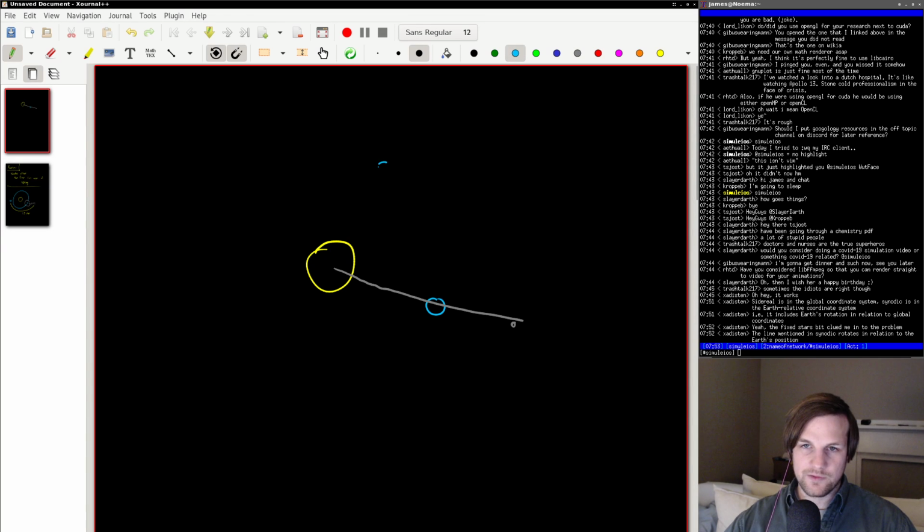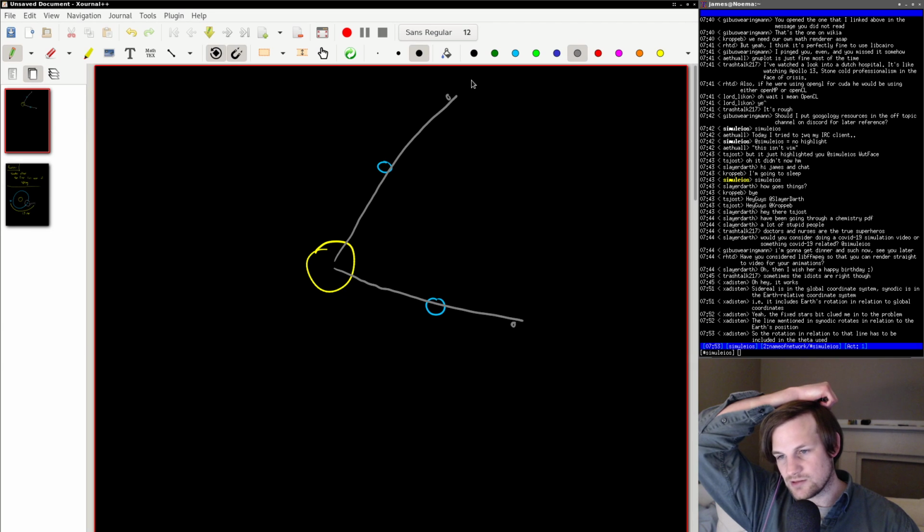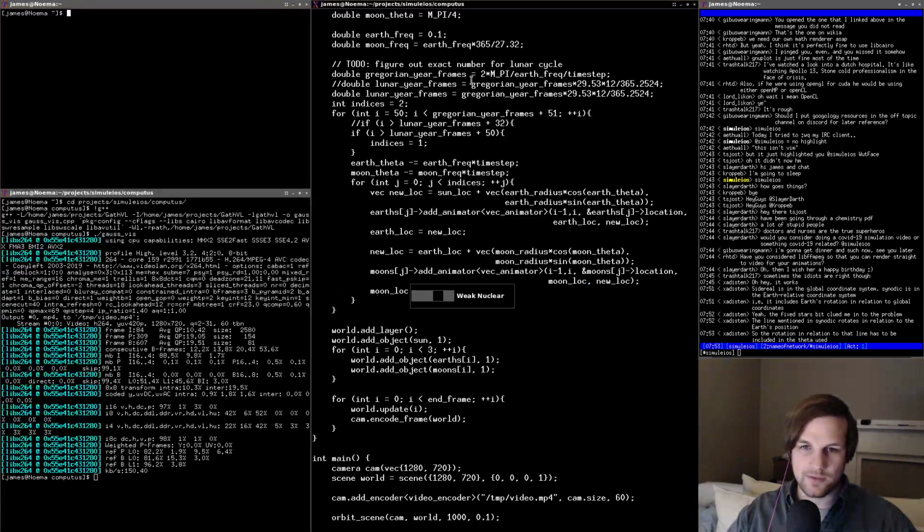So when the Earth is here, this would be a new moon, right? So that's why I thought we wanted synodic, because we want this line to change. The rotation in relation to that line has to be included in the theta used. So the rotation in relation, oh, right, yep, that's what we want then. So we want that one then. So let's do that then.